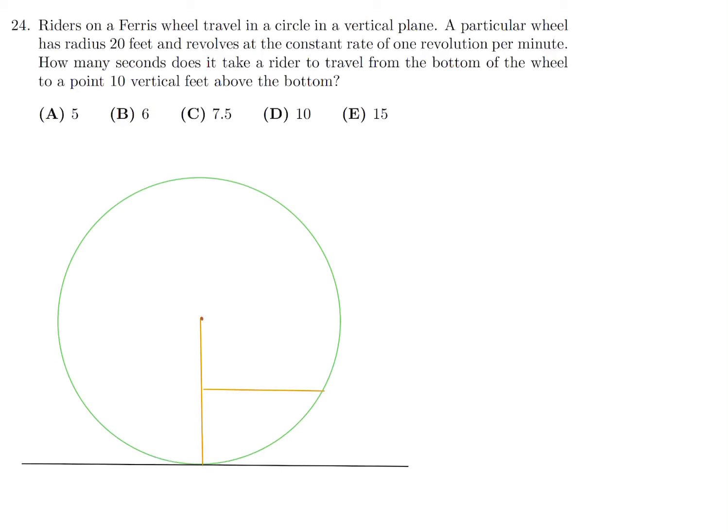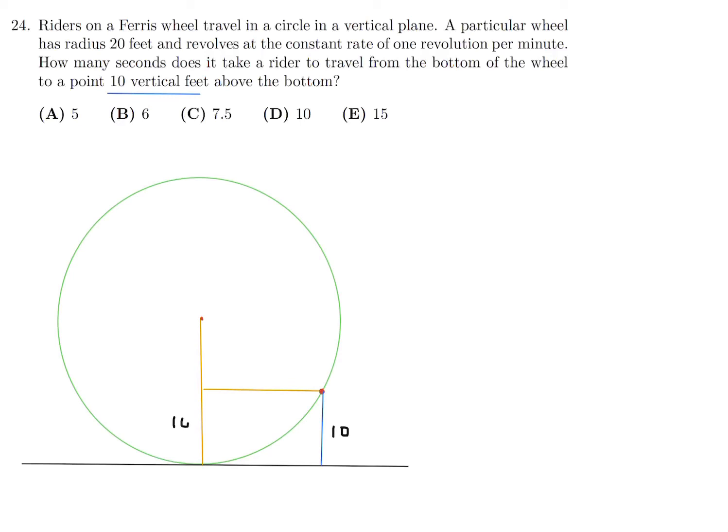If that's the center of the wheel, that orange line represents the radius, and this red dot is where the rider is. He is, according to the question, 10 feet above the bottom. So his distance from the bottom to where he is is 10 feet. So I'll label that 10.